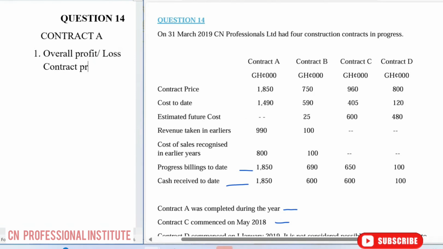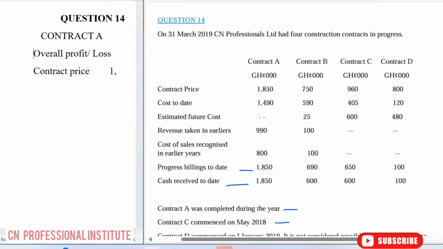So the contract price is 1,000. I hope you can see where I'm picking the figures. The contract price has been stated there clearly.